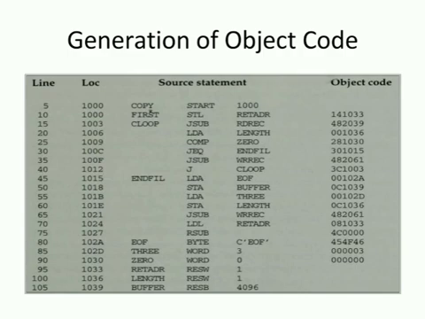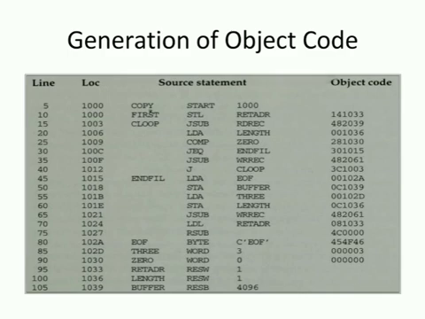If it is indexed addressing, it will be written with a comma X. Right now it is not indexed, so the value of X will be 0 here.